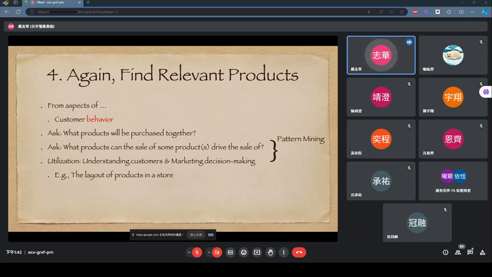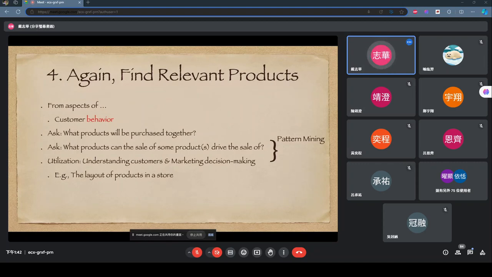So if we could find a pattern, what could we do? The pattern means the common behavior, the common property of a group. So if we could get the pattern, we could understand the group better.